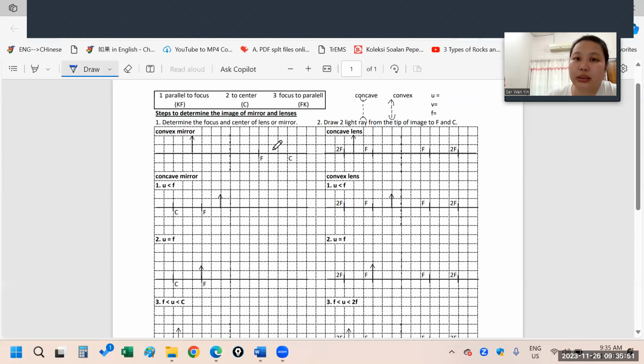But when the lens and mirror change, the C also changes. Okay, for example, convex mirror.